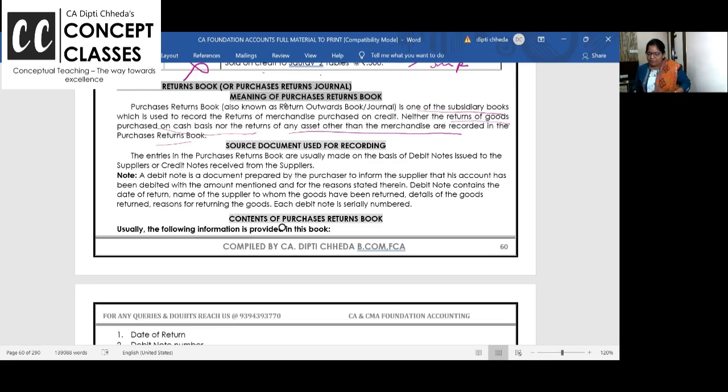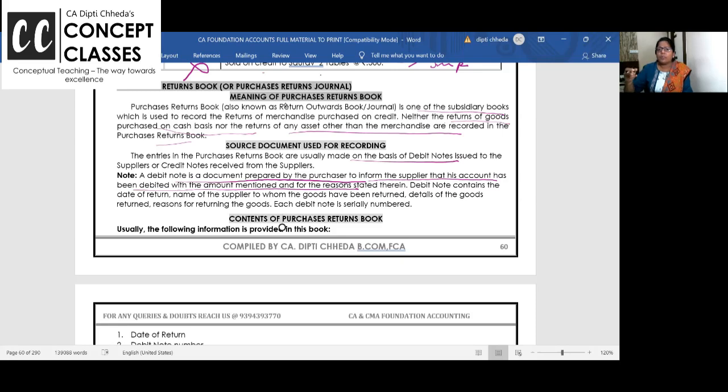In the same way, entries in the purchase return book are usually made on the basis of the debit note: party to purchase return. A debit note is a document prepared by the purchaser to inform the supplier that his account has been debited. See, when I purchase goods from you, you give me an invoice. If I return, I need to give you some document, no?